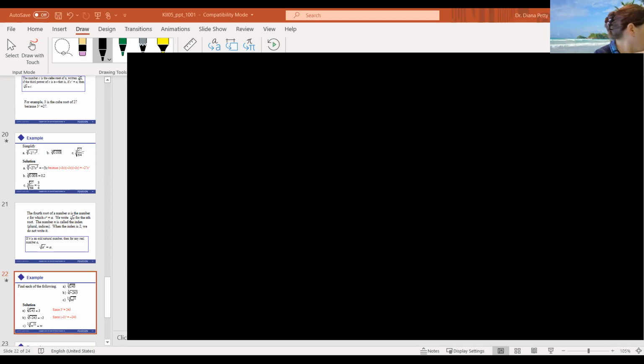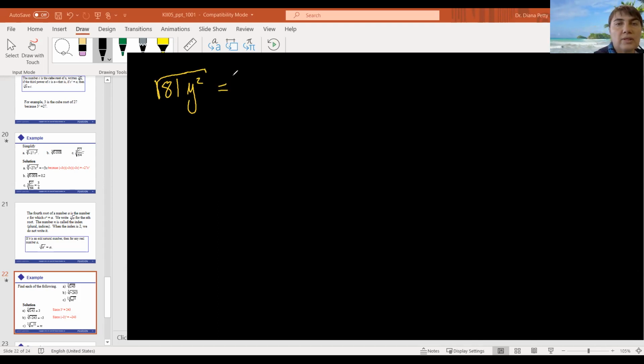The square root of 81y squared. And the trick here is in the y squared part. Do you need absolute value or not?